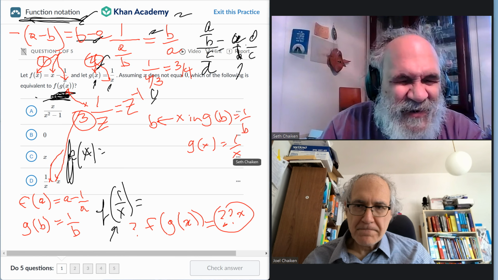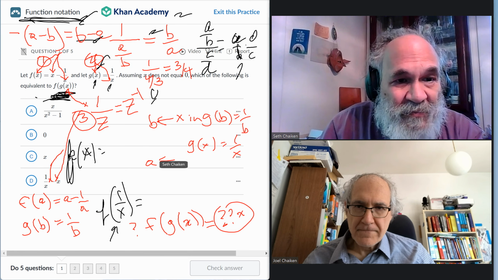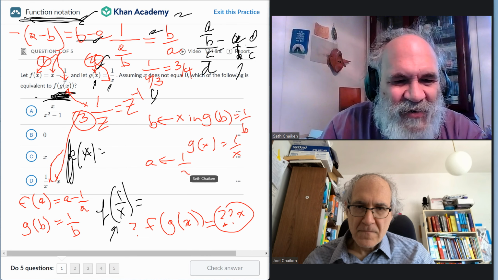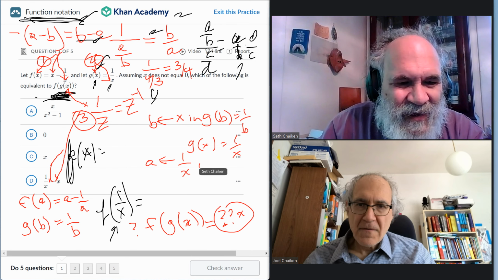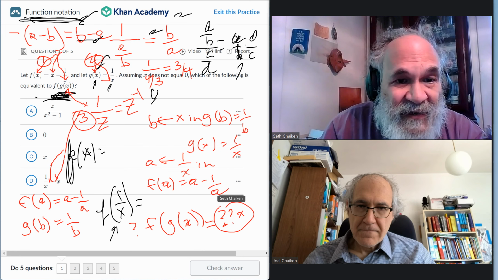Then a is replaced by 1 over x in f of a equals a minus 1 over a.